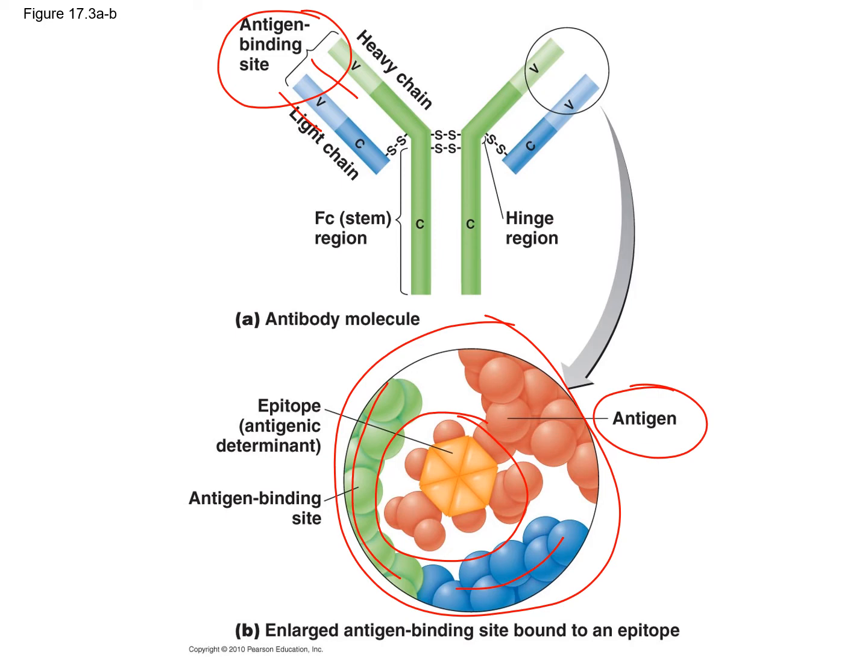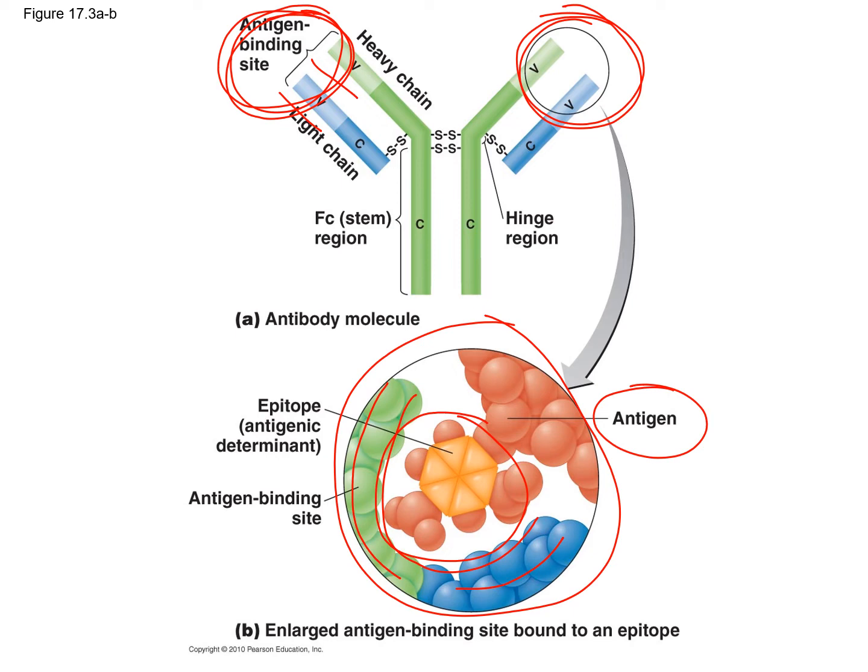Kind of like an active site for an enzyme that has a particular shape, the antigen binding site for the antibody will have a particular shape, which will fit perfectly an epitope of a particular antigen. So antigen binding sites, this is where the antibody can bind to the antigen. And because the two heavy chains and the two light chains have exactly the same structure, one antibody can bind two particular epitopes.